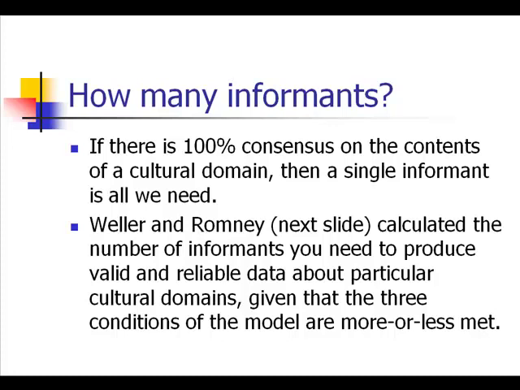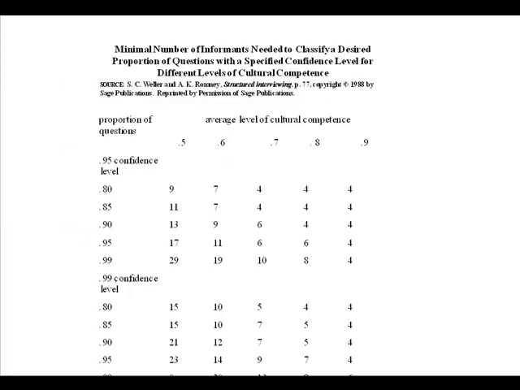Weller and Romney calculated the number of people you need to produce valid and reliable data about particular cultural domains, given that the three conditions of the model are more or less met. Here it is. It's a difficult to read slide, but you can see this. It's from a book of theirs from 1987, I think, 88. But you can see, look.